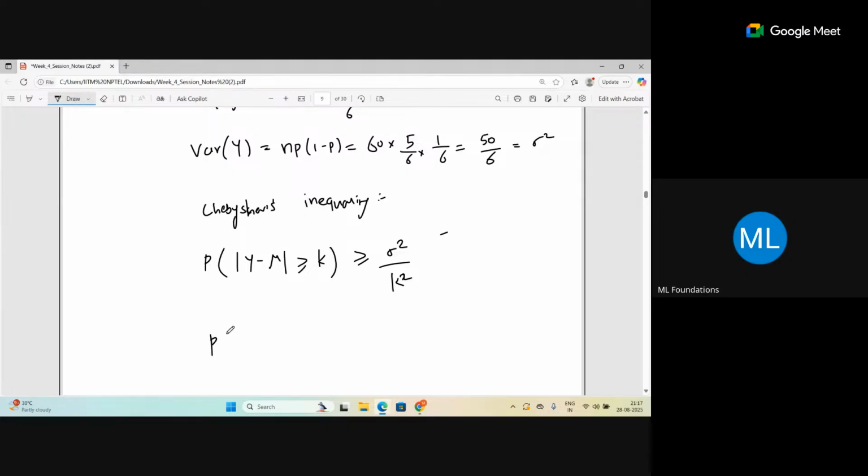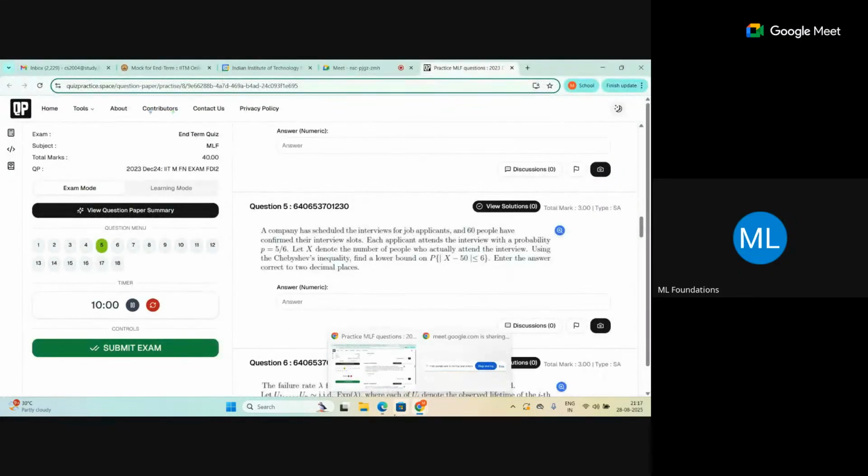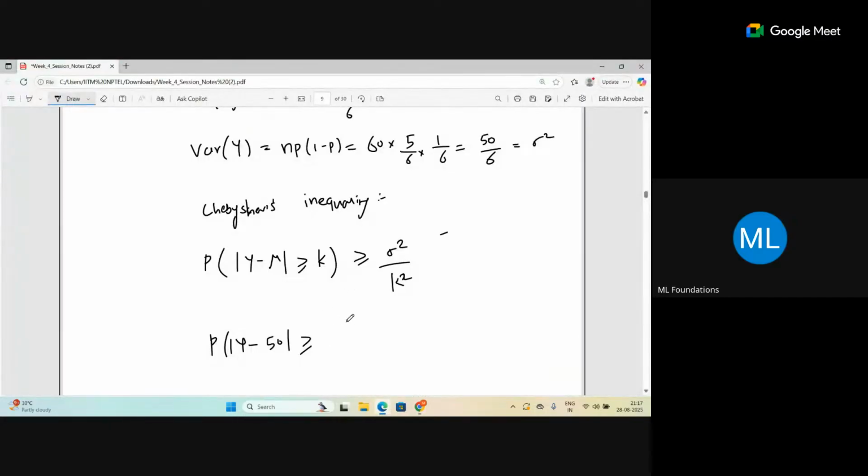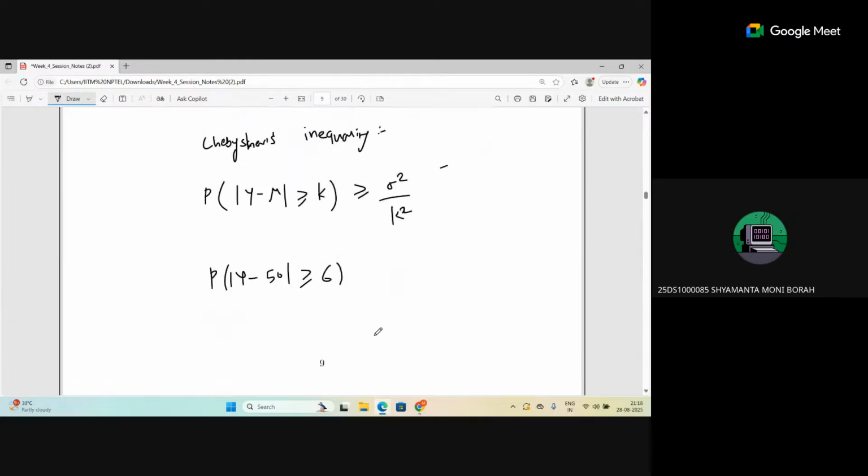So in this case, I need the probability of y minus 50 greater than or equal to, what is k here? K is 6.